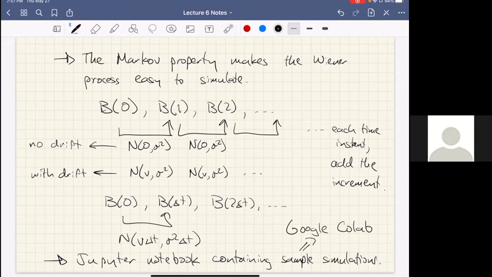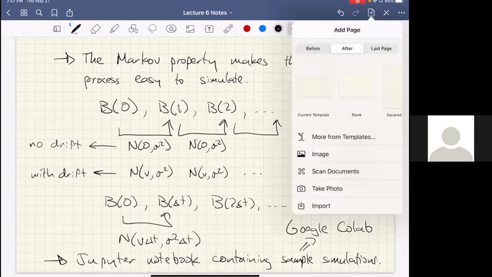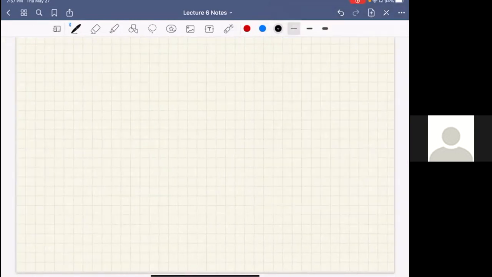Okay, so now we can model the Brownian motion of an individual molecule. Let me just add one more point here. We need to specify sigma squared. So what is sigma squared?